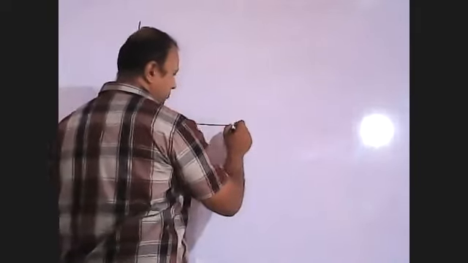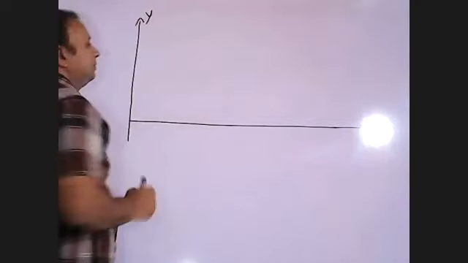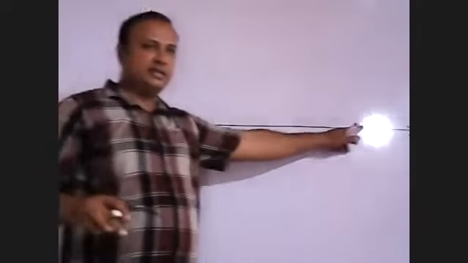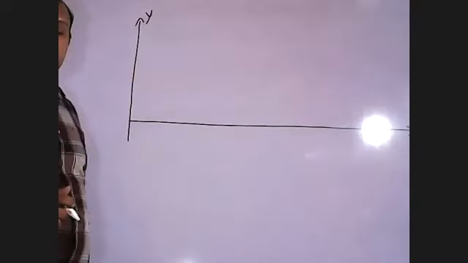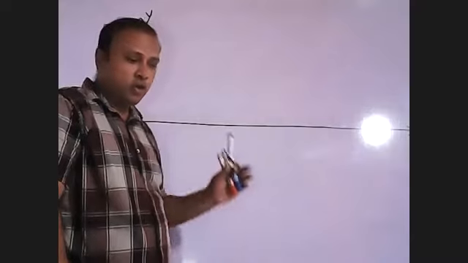Now we can determine these shapes. This is X. This is Y. This axis is X. Still I am referring to X and Y as such because I have not nominated the axes yet.